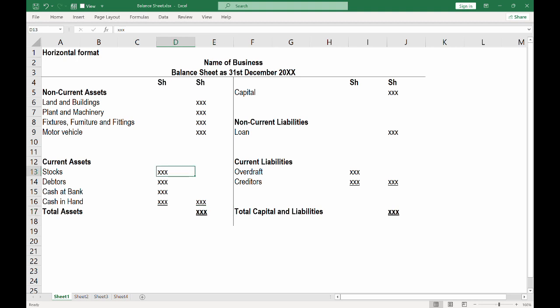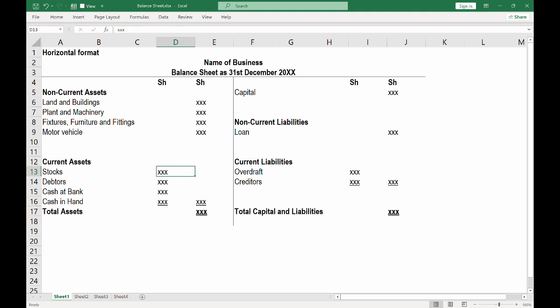For example, stock is not yet sold or not yet realized. When it is sold, we can either get cash, or a debtor if sold on credit. When the debtor pays, the debtor may pay by cheque, cash at bank, or cash in hand.